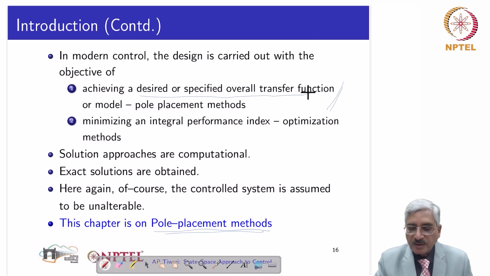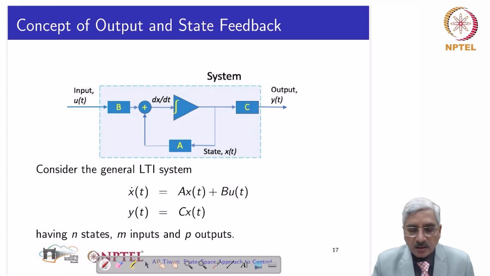In fact, in pole placement, we try to get a specified characteristic polynomial or equation. So we proceed ahead with that, and before actually going to handling the design, in a few slides I have to explain the concept of output and state feedback.